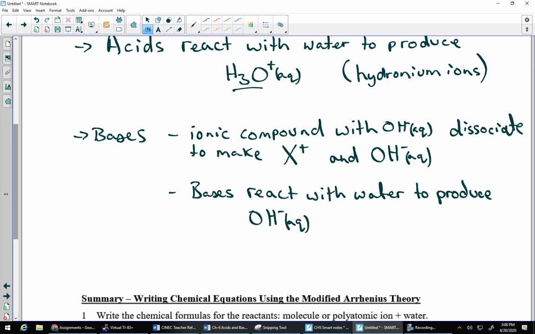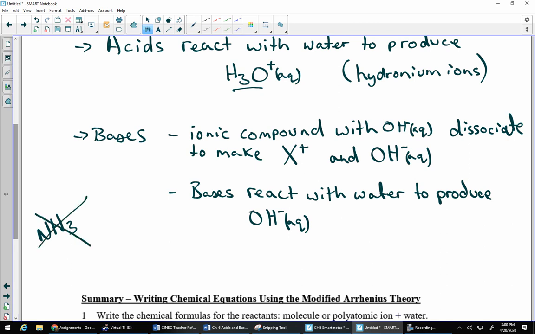You might have guessed it, to be totally honest. They react with water to produce hydroxide ions. It's still all about hydroxide. It's just that sometimes you don't actually see the hydroxide in the compound. For example, NH3: where the heck is the hydroxide? It has to react with water to produce OH negative.